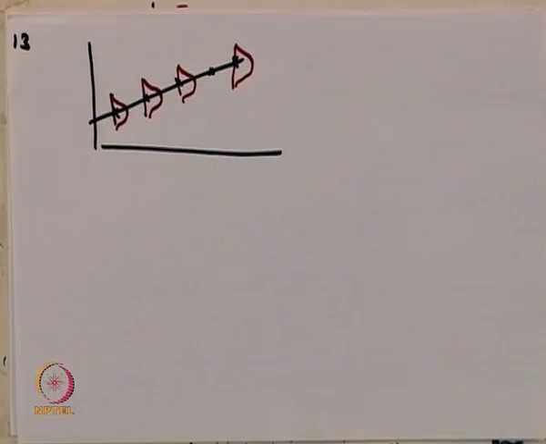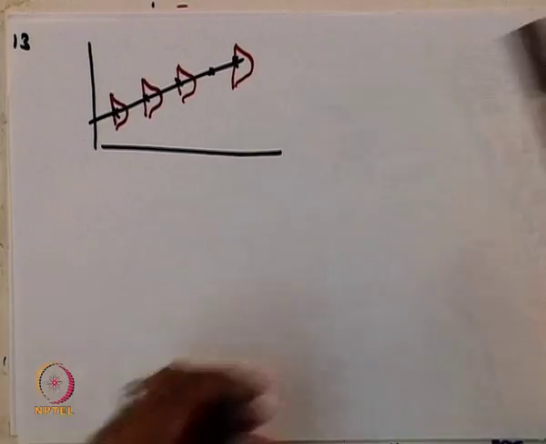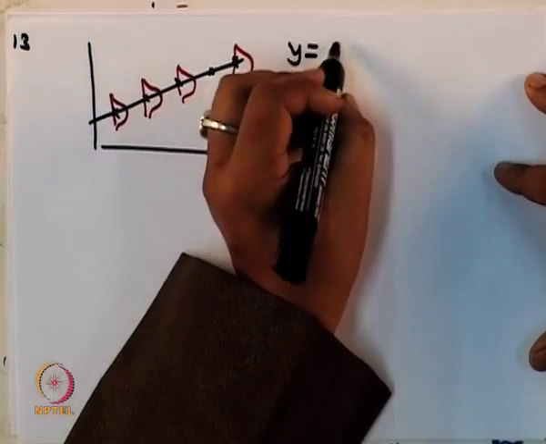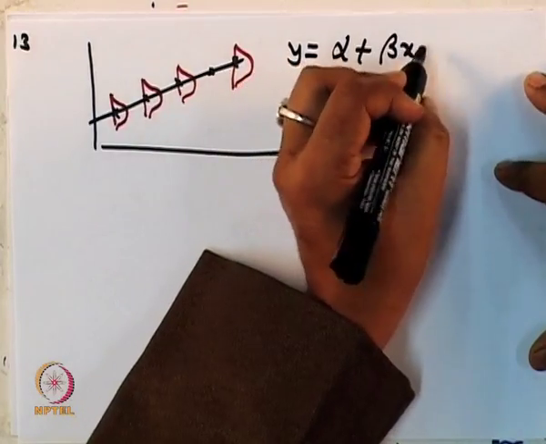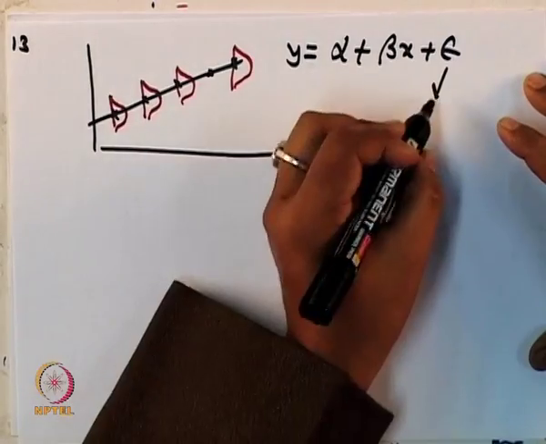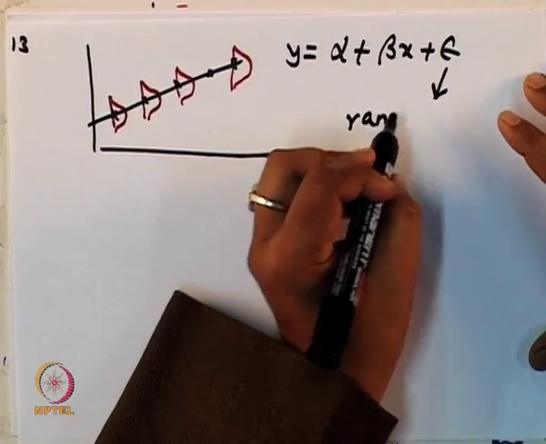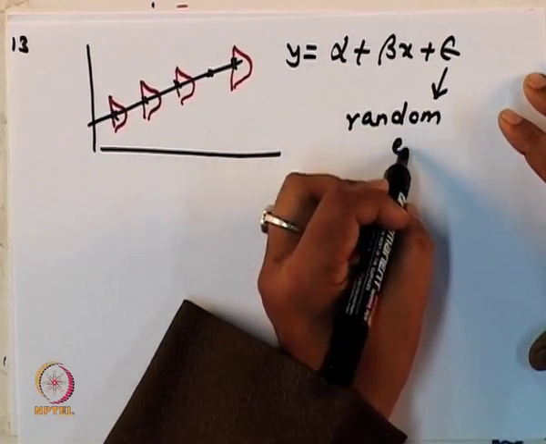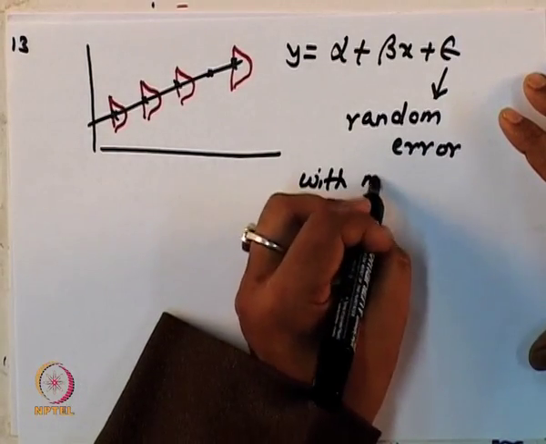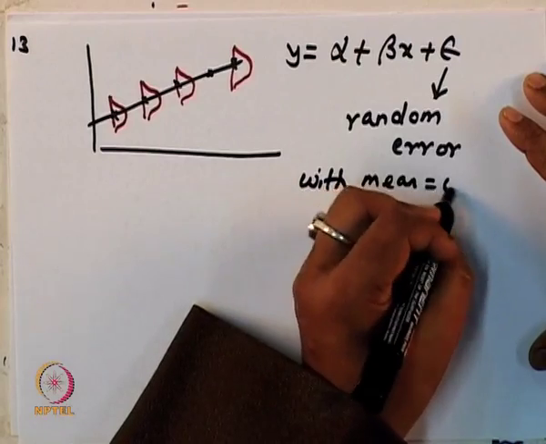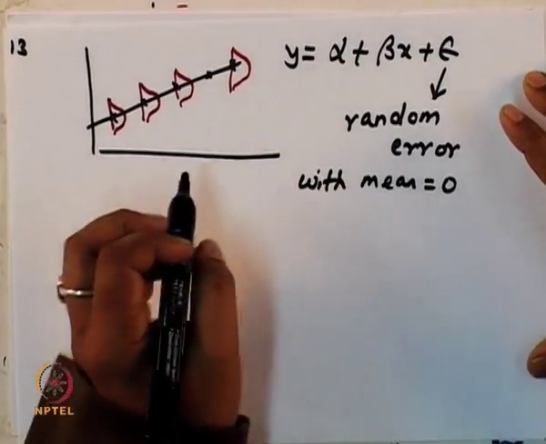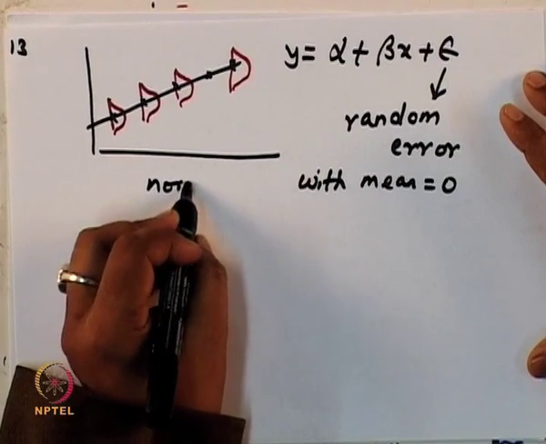So, what I have drawn here is as if your equation of the line was y equal to alpha plus beta x plus some error, and epsilon is a random error with mean of 0, and follows a normal distribution.